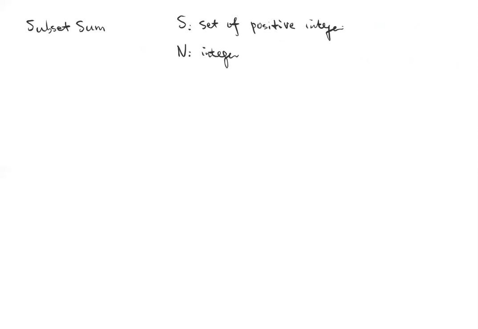So my question is, is there a subset inside S whose sum equals exactly N? So that's the problem we need to solve. So that's not an optimization problem. I need to find a subset with certain property. All right. So the answer will be yes or no. But actually, in practice, of course, you need to find the actual subset whose sum equals N.